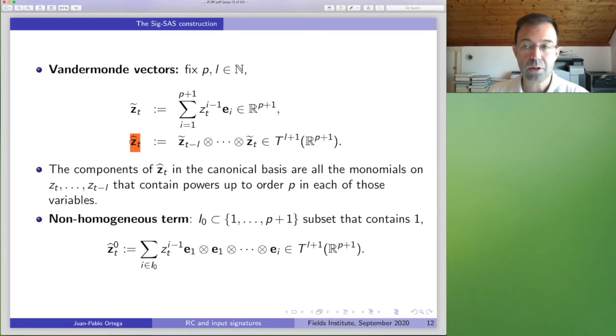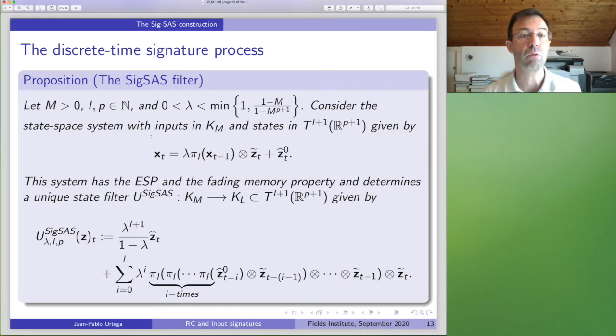Because it contains all those approximants, which are actually universal approximants, as you saw in this Volterra theorem that we discussed together. And so this is what I want to have as a solution, if you want. So I'm going to formulate a state space system whose solution will be morally this, okay? So that's what we achieve with this SAS filter.